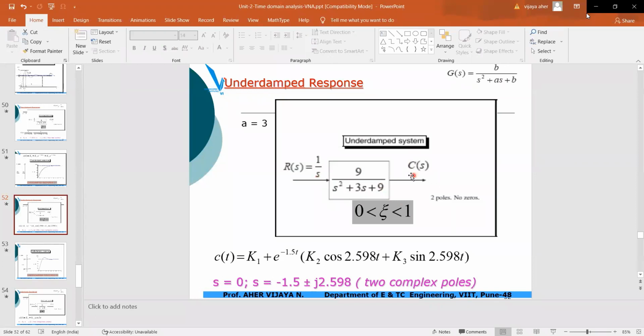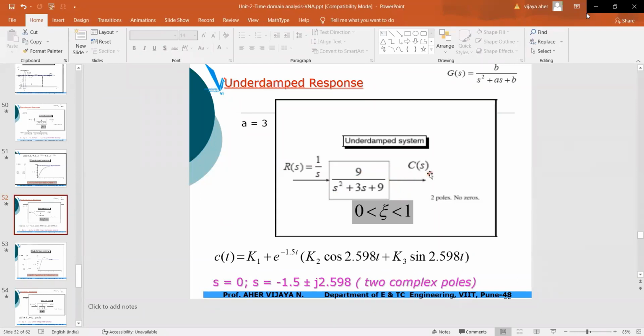Now, what is the equation for C of s? C of s is equal to transfer function into unit step input, that is R of s. So C of s is equal to R of s into G of s. What is G of s? G of s is 9 divided by s square plus 3s plus 9, into R of s, 1 by s. So write the equation for C of s.